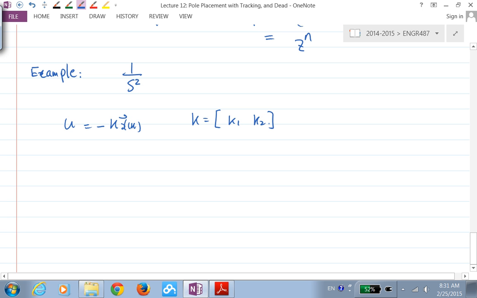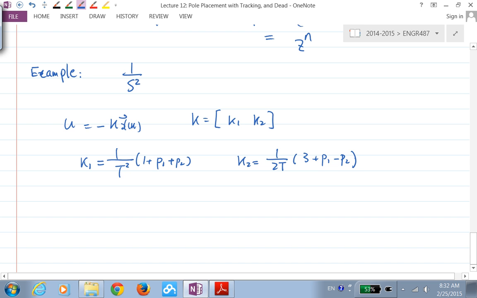If you look at the lecture notes, you will see that K1 equals 1 over T squared times (1 plus P1 plus P2), and K2 equals 1 over 2T times (3 plus P1 minus P2).